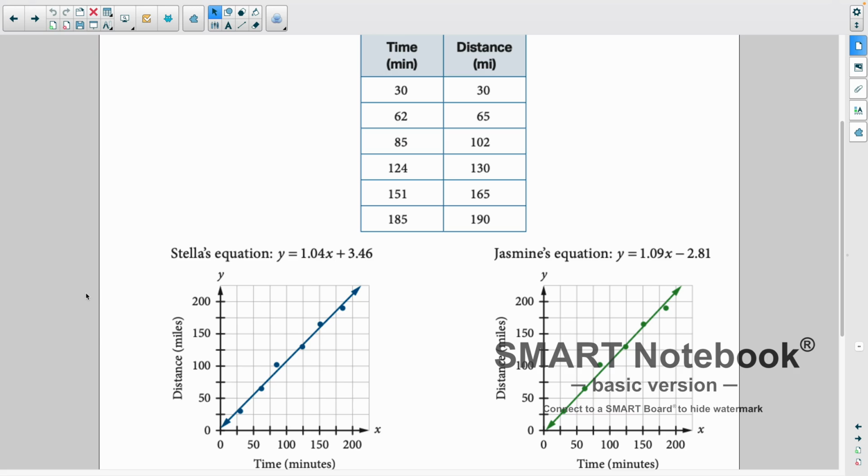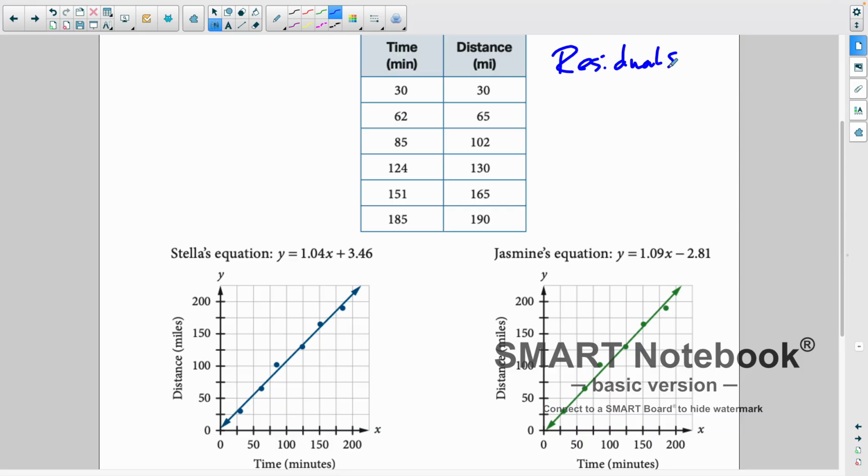Then we compared them in our book. We compared them to the actual values, and we came up with the difference. All right? What did we call that yesterday? What was the difference called? The residuals. That's correct. Okay? The residuals. So we found the residuals.